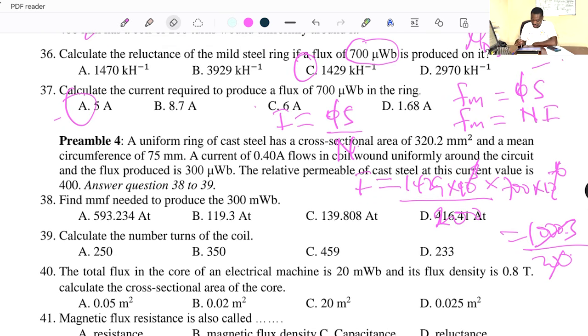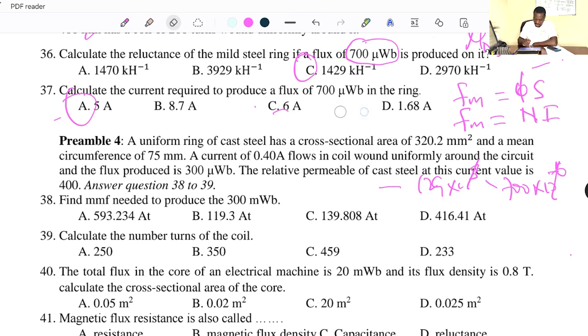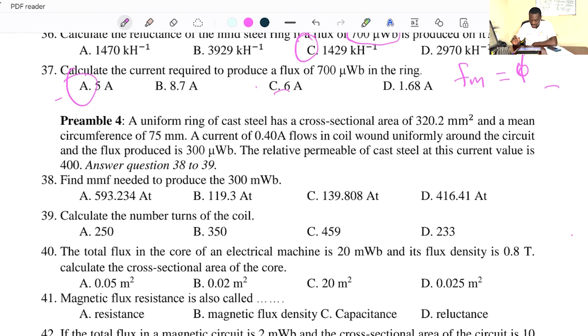Now question preamble 4. We are using preamble 4 to answer questions 38 and 34. A uniform ring of cast steel has a cross-sectional area of 320.2 millimeters square and a mean circumference of 75 millimeters.